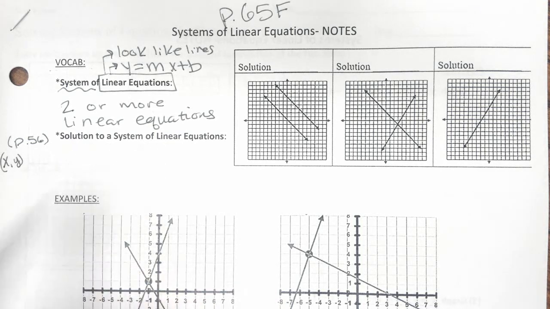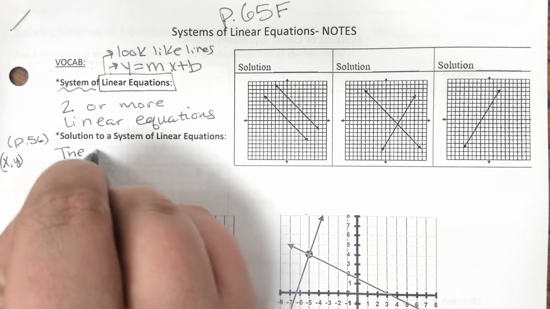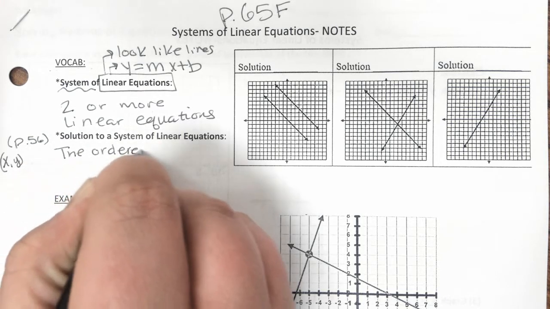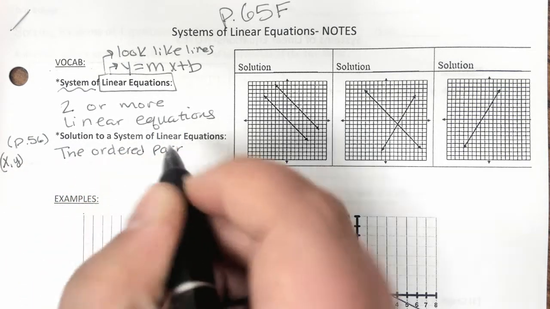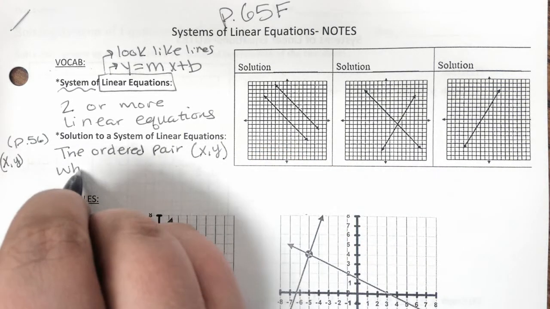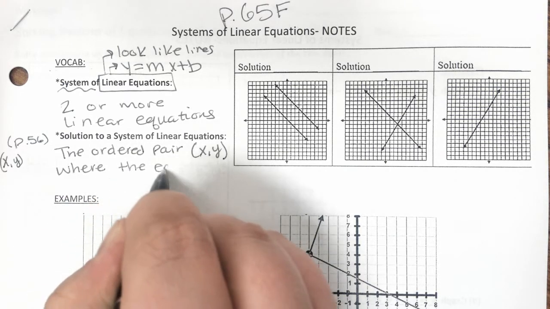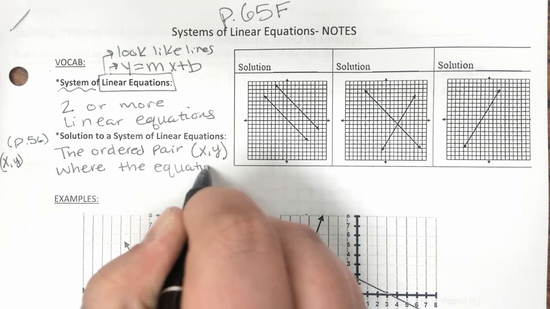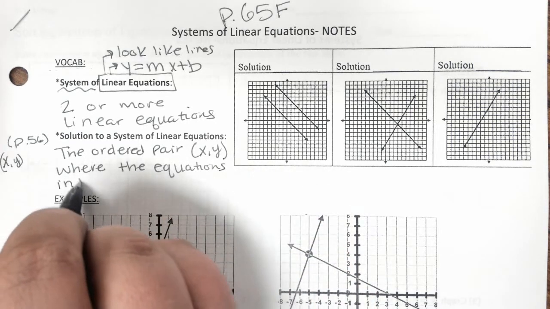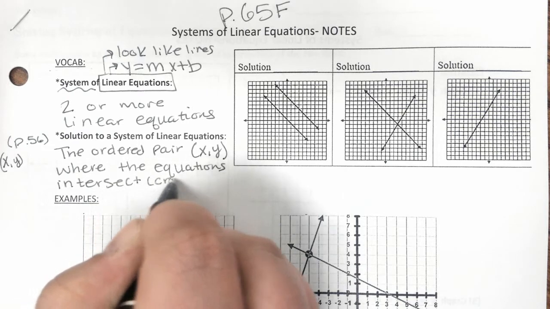The solution to a system of linear equations would be the ordered pair, that's (x, y), where the equations intersect. And remember that intersect means to cross.